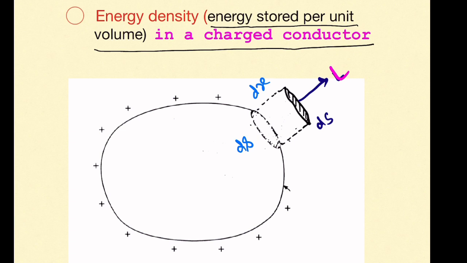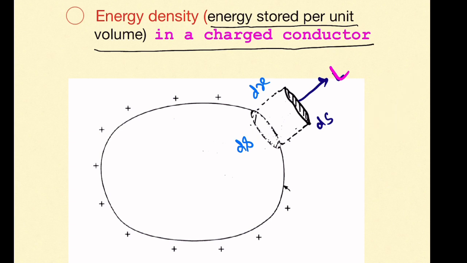Due to the force acting on the area ds, suppose this area ds is displaced by a distance dx, a very small or infinitesimal displacement. The force acting on this area ds is sigma square by 2 epsilon 0 into ds.